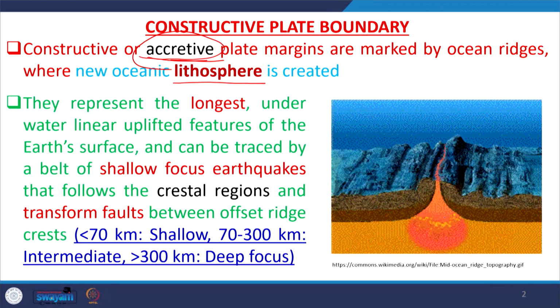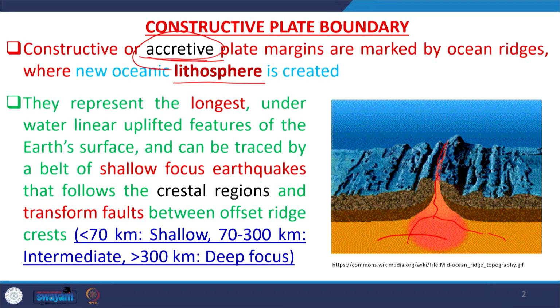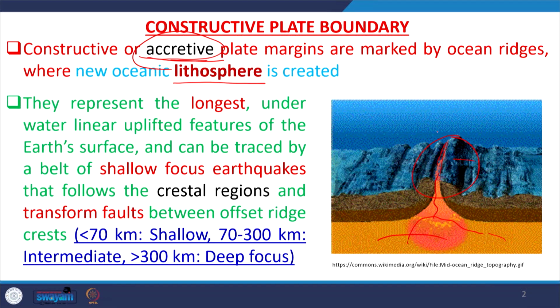Lithosphere, as we have discussed earlier, is the crust, the Moho and the upper part of the upper mantle. This sandwiched layer is called lithosphere. In this animated figure, this is a magma chamber, and the asthenospheric material is there. The magma comes up and is generated here, and the rocks are formed, mostly basalt.